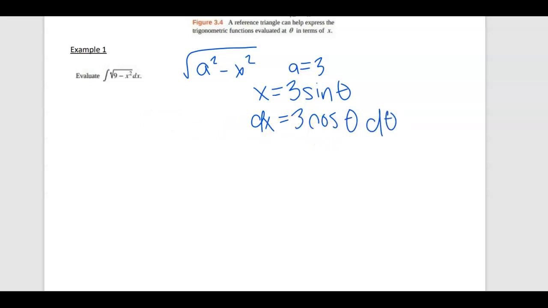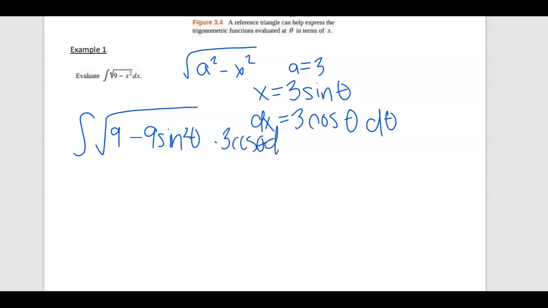All right, let's go ahead and do that substitution here. So that's going to be the integral of the square root of 9 minus x squared, which is 9 sine squared theta, and then in place of dx, I do 3 cosine theta d theta. I can factor out a 9 here, and I'm left with 1 minus sine squared on the inside of that radical.